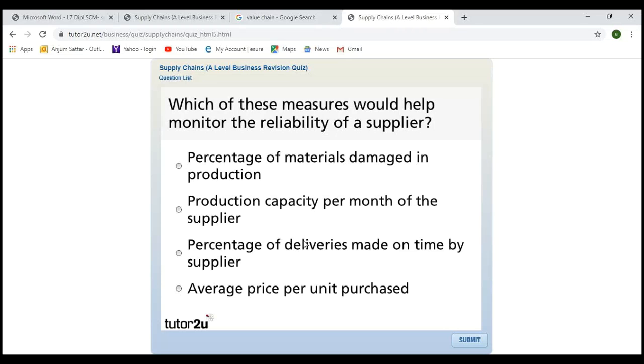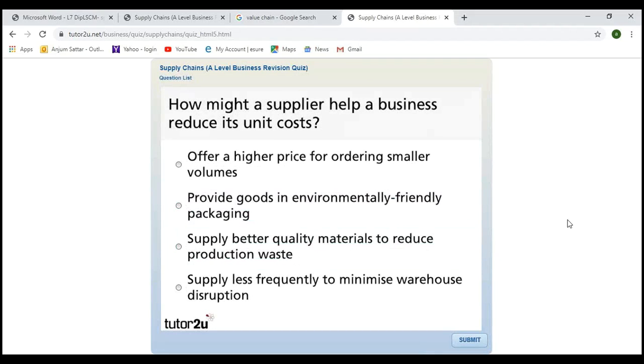We'll go through which of these measures would help monitor reliability of a supplier. So we're looking at reliability. Which one is reliability? Percentage of deliveries made on time. Yes, well done, correct. Next, how might a supplier help reduce the unit cost?